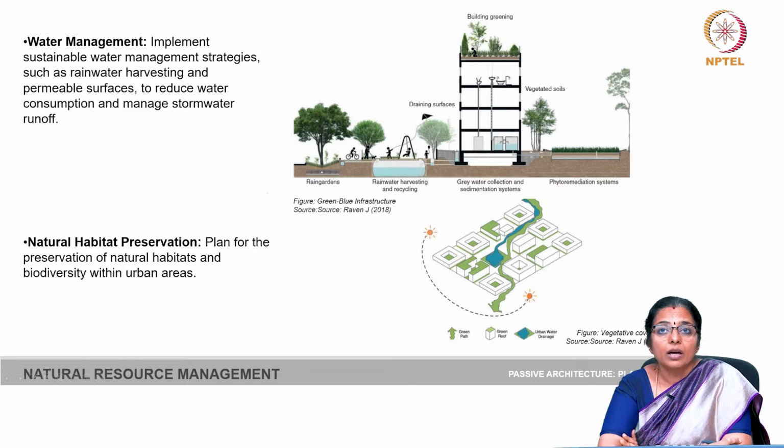Now, another important dimension we need to look at is water management. Now, how do you implement sustainable water management strategies? We can implement sustainable water management strategies by, first is rainwater harvesting.